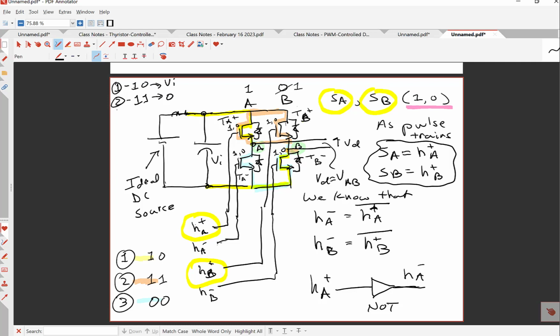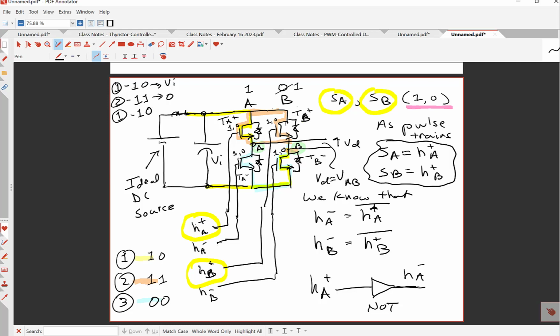Then we're going to go to 3. Sorry. The next sequence is we're going to go to 1 again, which gives us a 1, 0. So we haven't changed the A state at all. We've changed the B state twice.